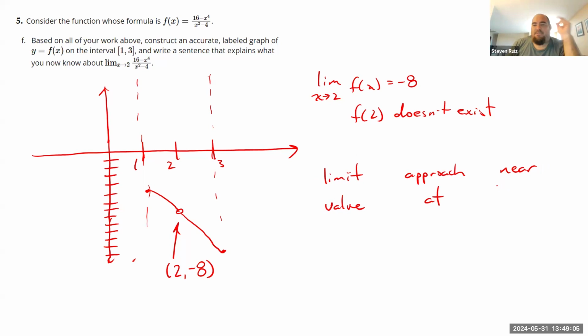And what happens near the point and what happens at the point don't necessarily have anything to do with each other. And this is one of those cases where I can get as close as I want to x equals 2, and I will get closer and closer and closer to a y value of -8. But when I actually allow myself to achieve an x value of 2, the function is not even defined there.